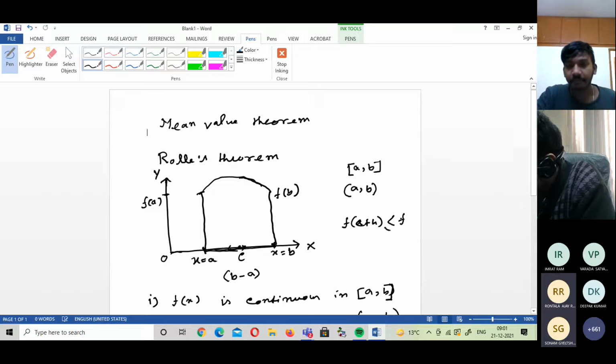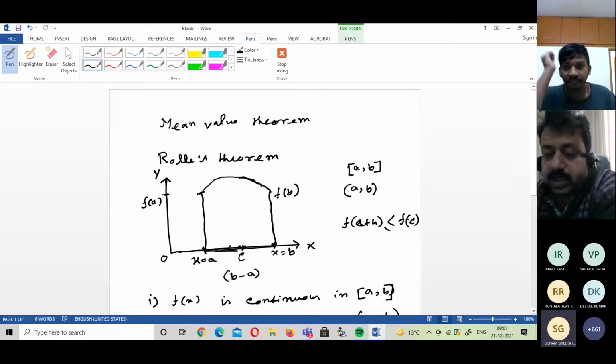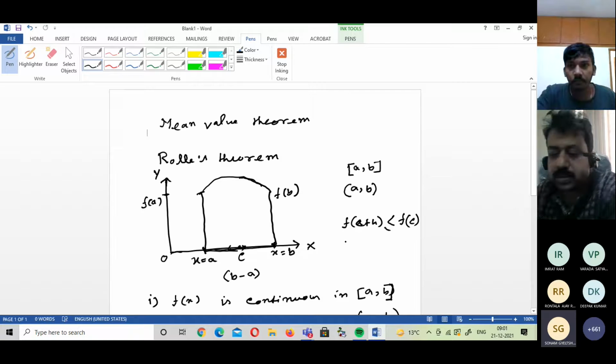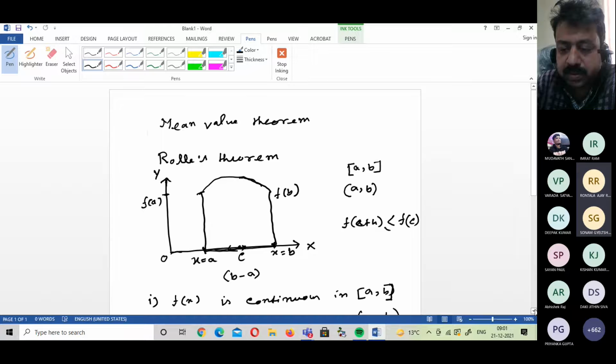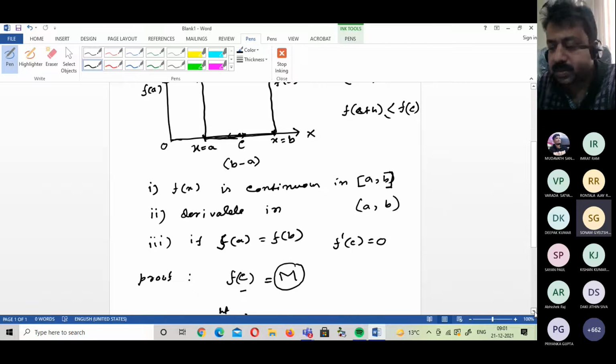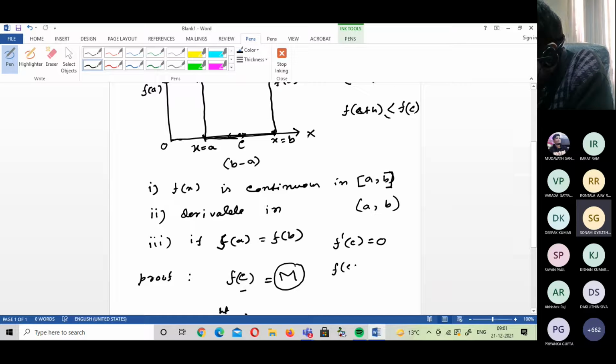Now, if f of c plus h minus f of c is less than or equal to 0, then if you divide it by some positive quantity, limit h tends to 0 plus of [f(c+h) minus f(c)] by h is less than or equal to 0. If h tends to 0 minus, then it is greater than or equal to 0.